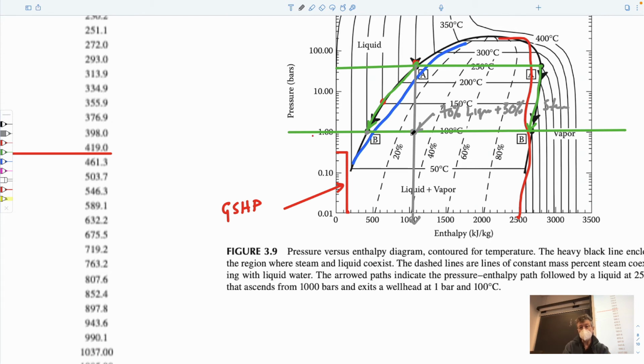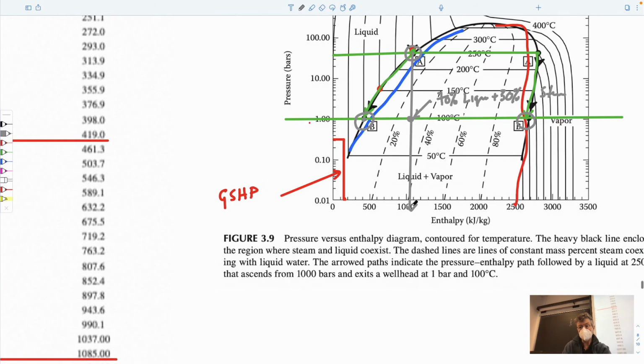And so we could calculate exactly what this proportion of steam to liquid would be merely by taking the magnitudes of the enthalpies at these two locations. The enthalpies at 100% steam and 100% liquid, or this enthalpy here. So if we take those magnitudes here, this is what we know the enthalpy is going to be.